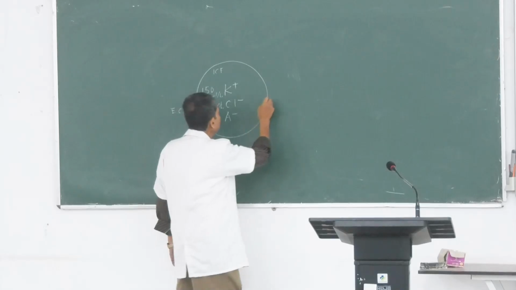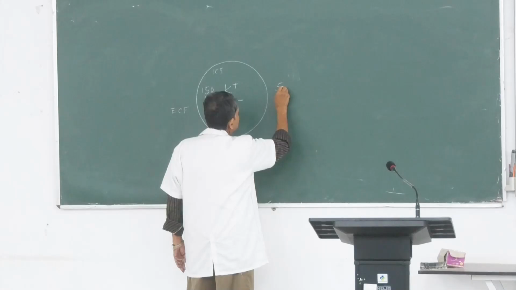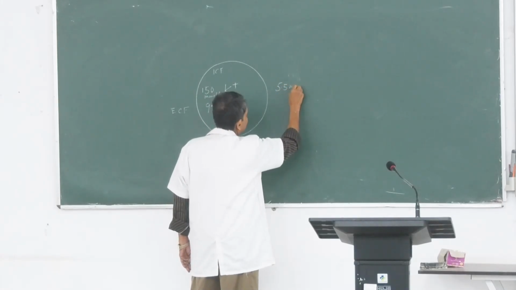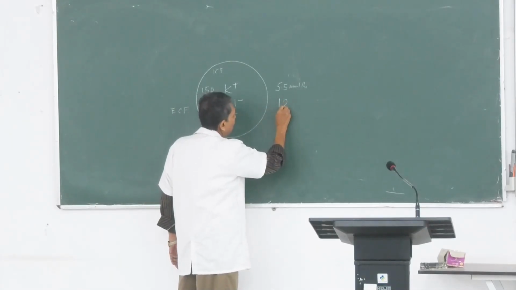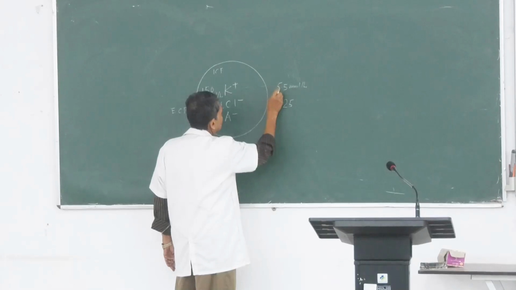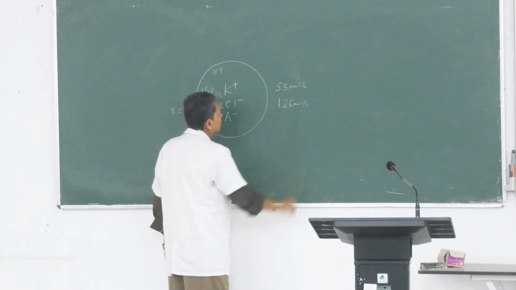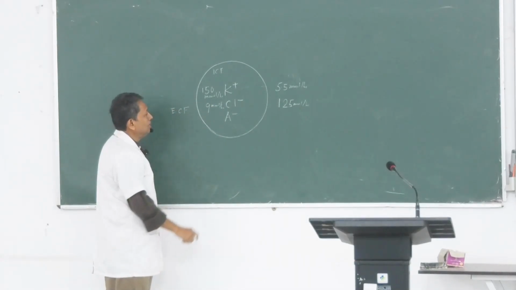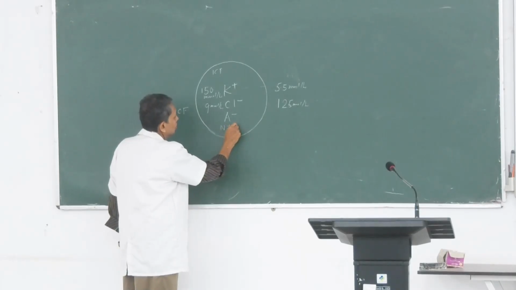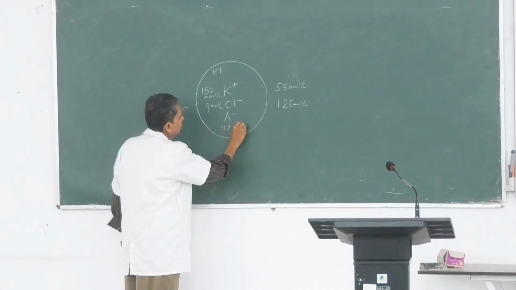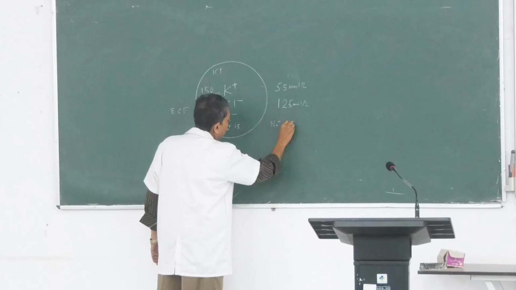But in the extracellular fluid, the concentration of potassium is much less, 5.5 millimole per liter, and chloride concentration, suppose 125 millimole per liter. Within the cell, sodium concentration is 15 millimole per liter, and outside sodium is 150.